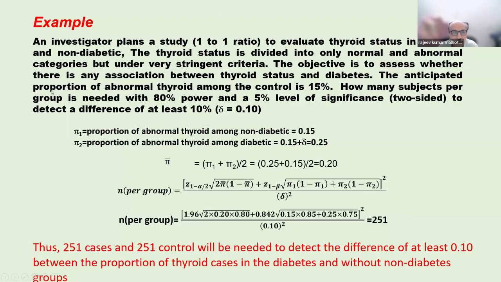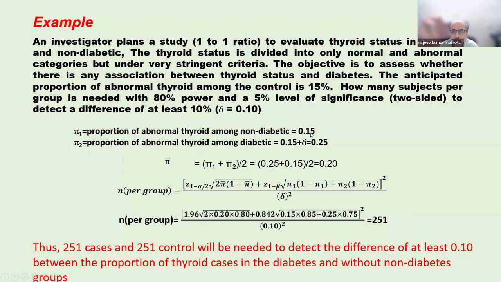The anticipated proportion of abnormal thyroid among the controls is 15%. How many subjects per group are needed with 80% power and 5% level of significance to detect a difference of at least 10%? So here my thyroid is 15%, and in the diabetic group I expect that it will increase, from 15% to 25%.